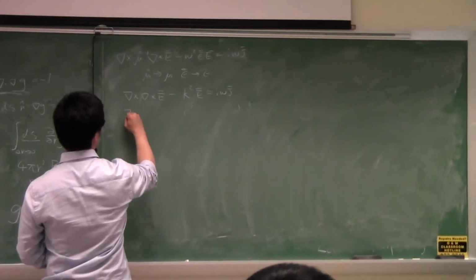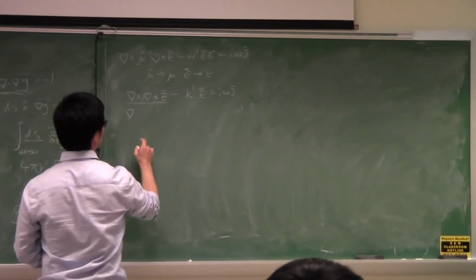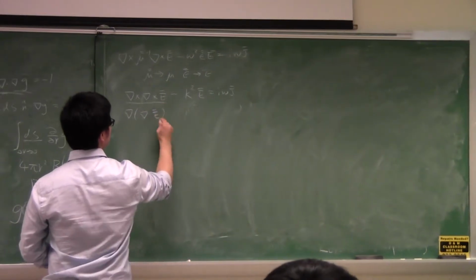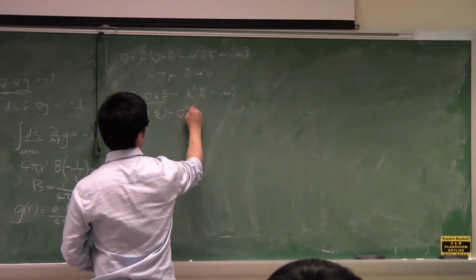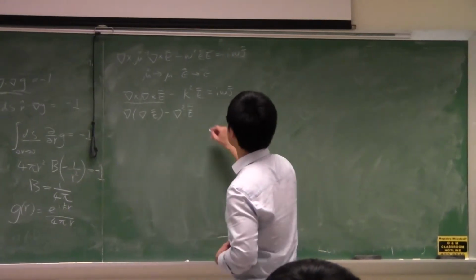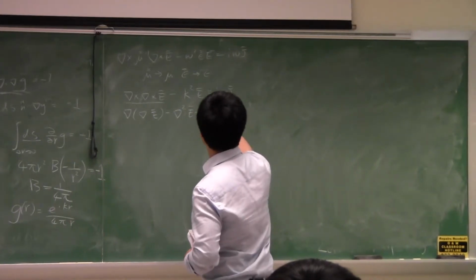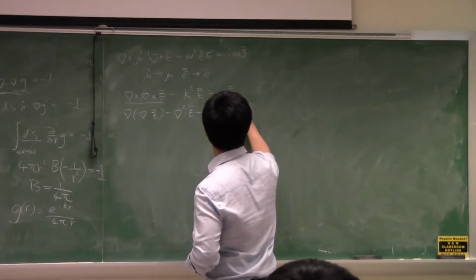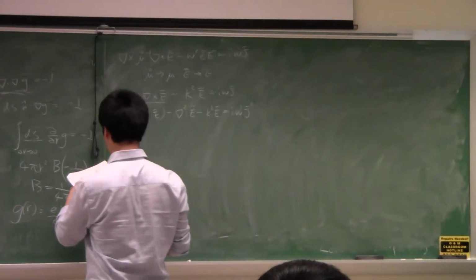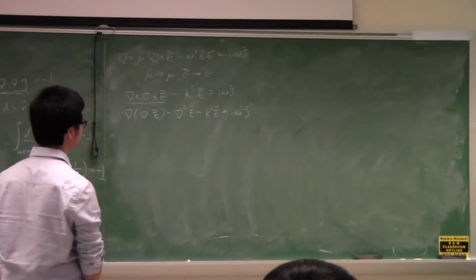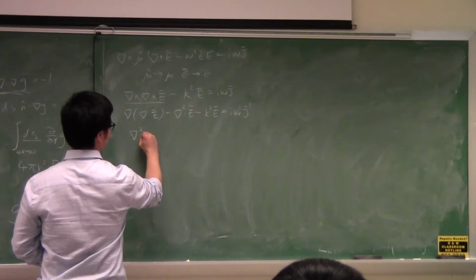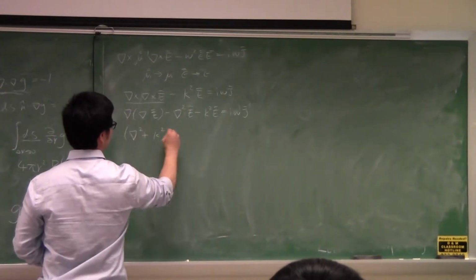So now we use a vector identity to break this into two terms. One is the Laplacian of... Okay, so now we are rearranging the terms.